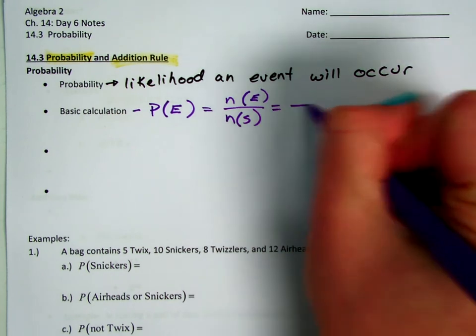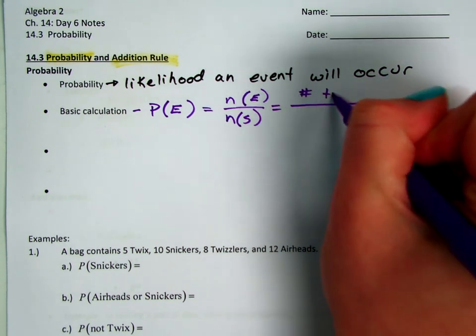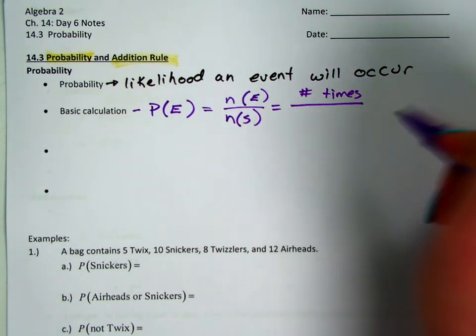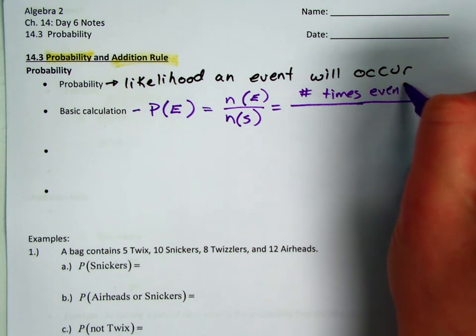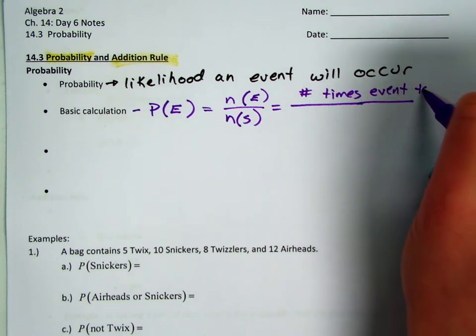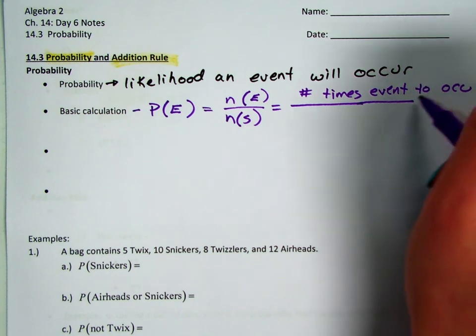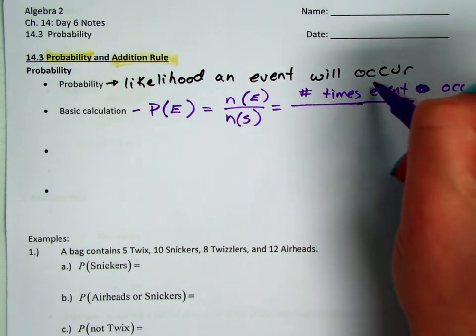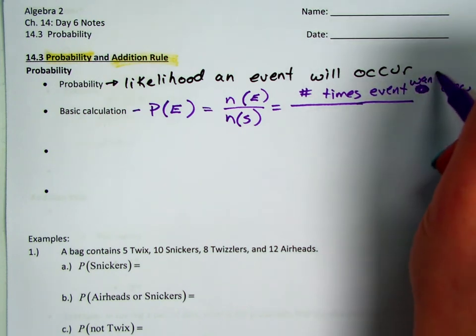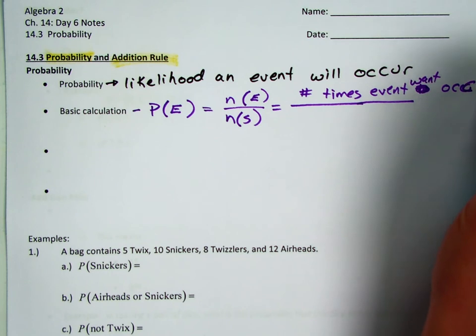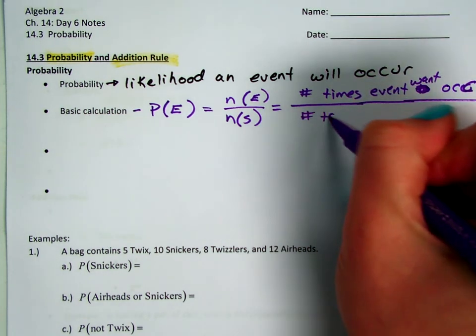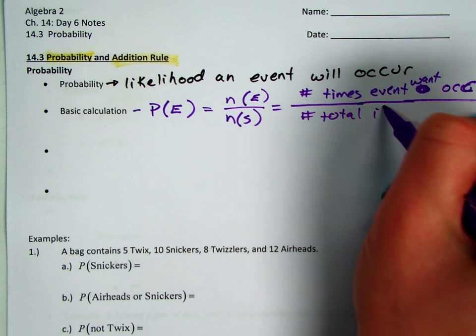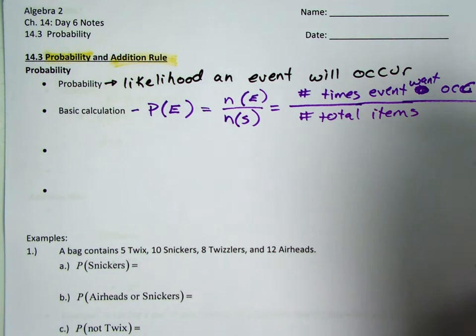So this is the number of times the event you want occurs, divided by the number of total items possible.